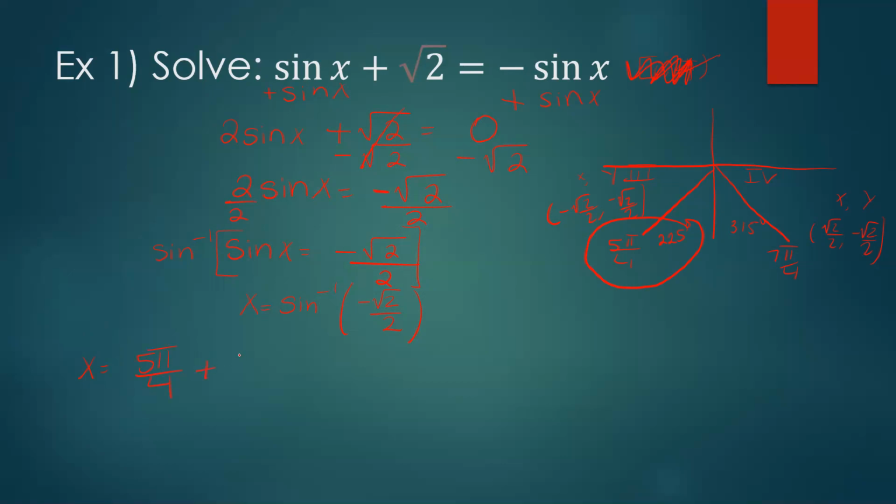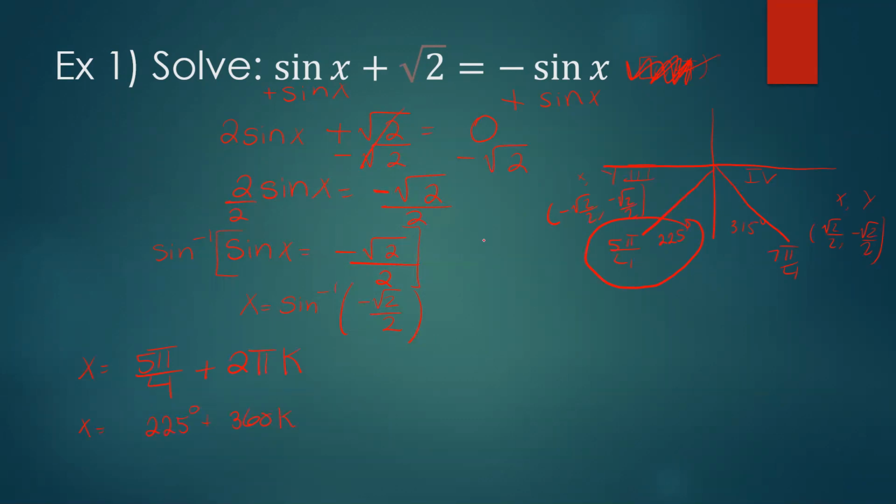plus 2 pi k. So why did I add 2 pi k? Because they say all the solutions, there are no boundaries. If you want, you could put this in degree mode: 225 degrees plus 360k.